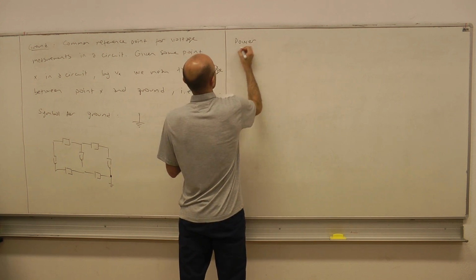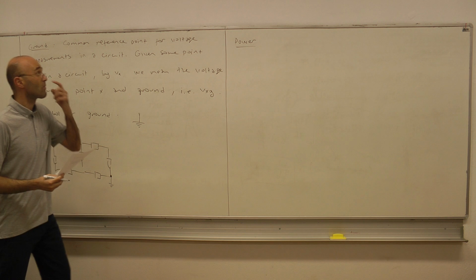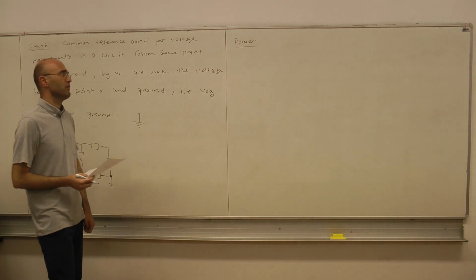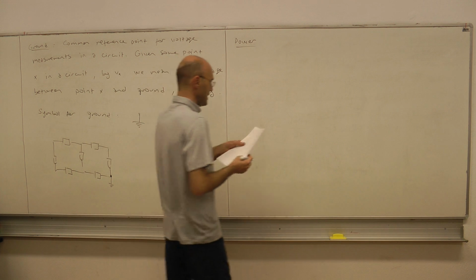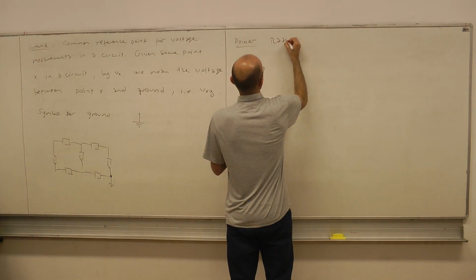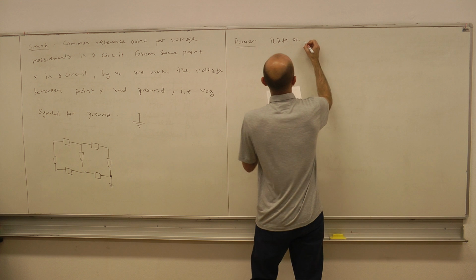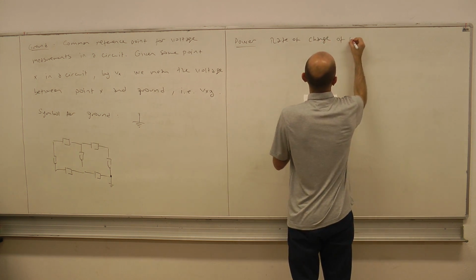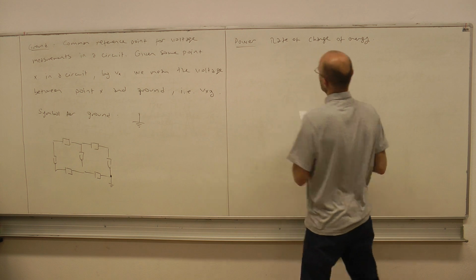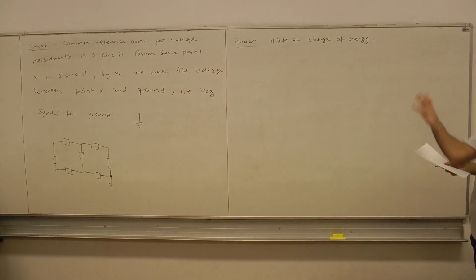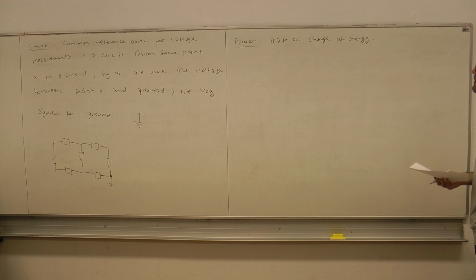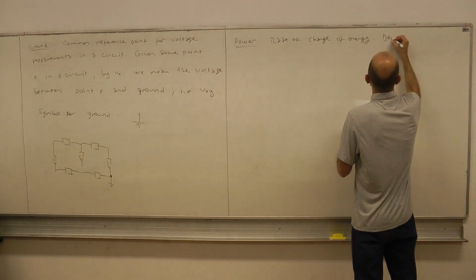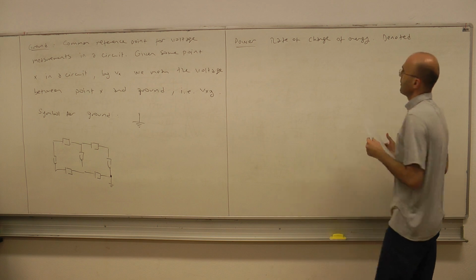Here we define the power of an electrical component that's part of an electrical circuit. Power is the rate of change of energy. Well, it's a general definition; it doesn't have to belong to electrical circuits. But for electrical circuits, it means something in terms of current and voltage.